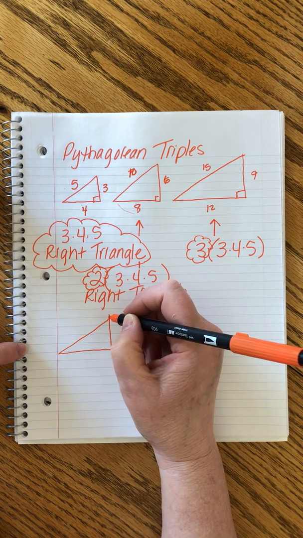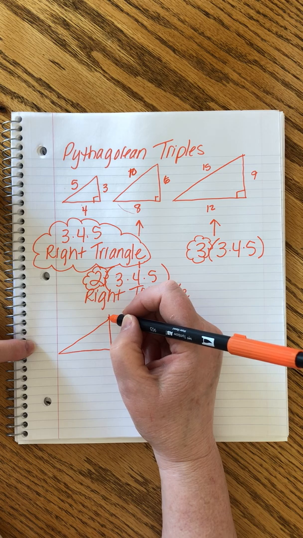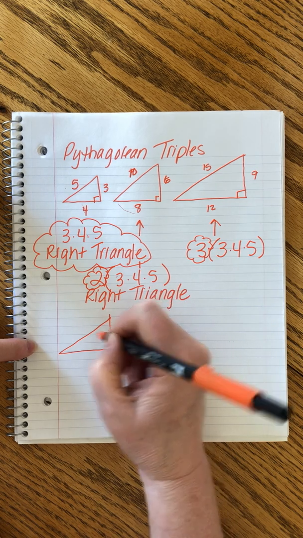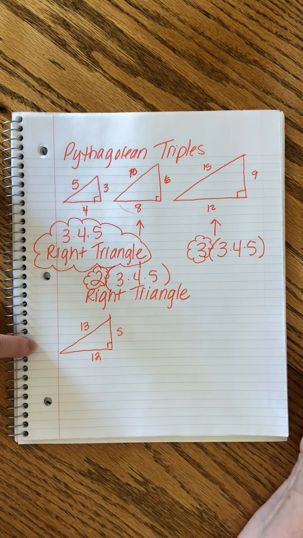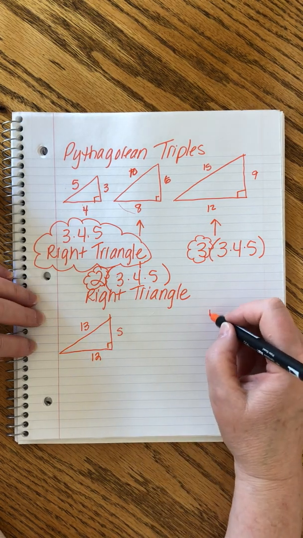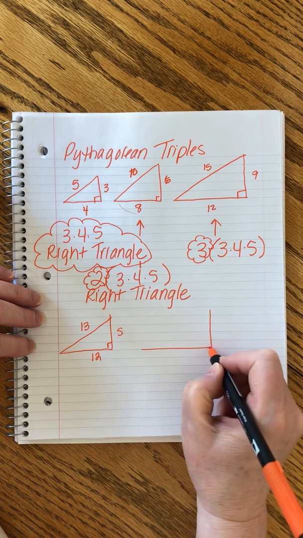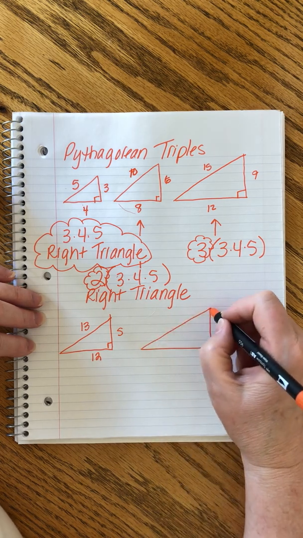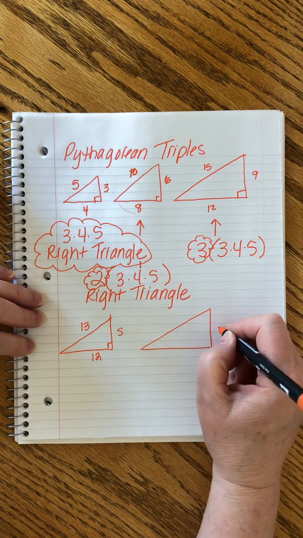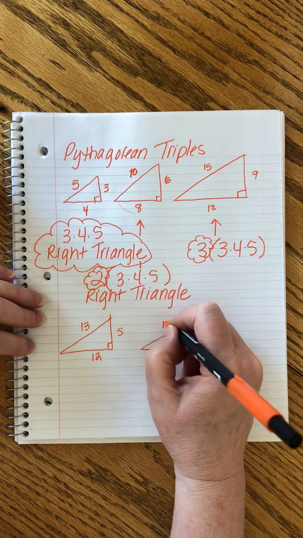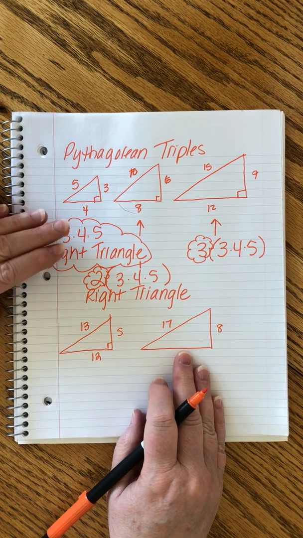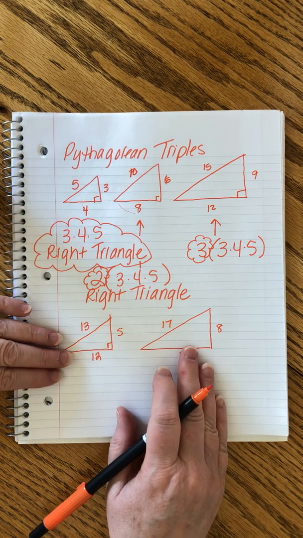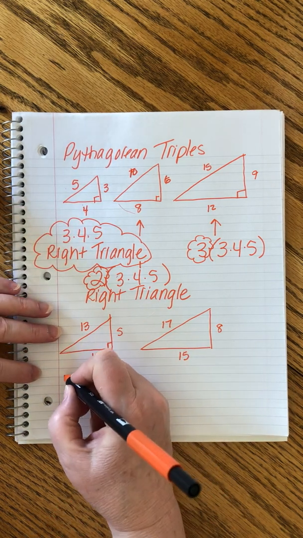This one is the 5, 12, 13 triangle, and this one is the 8, 15, 17, okay? So these proportions are different than the 3, 4, 5, but these proportions do always work out.